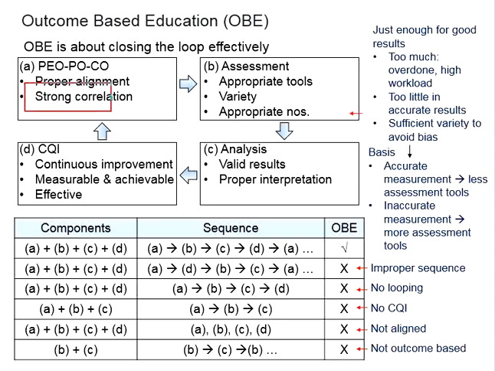And there must be strong correlations between the course outcome and the program outcome, and the program outcome and the program objectives. Your attainment of the course outcome should theoretically directly influence the attainment of your program outcome. Same goes for the attainment of the program outcome towards the program objective.